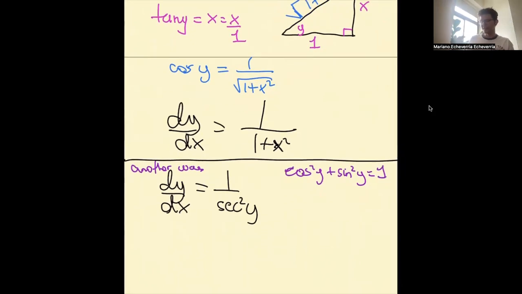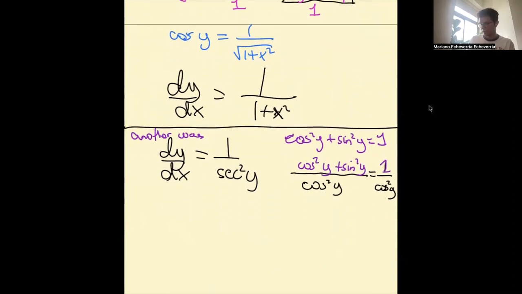And then if you divide both sides by cosine squared, which we have done a couple of times already, I think we did this yesterday, you get cosine squared over cosine squared gives you 1, and sine squared over cosine squared gives you tangent squared. And so you end up with 1 plus tangent squared equals secant squared of y.